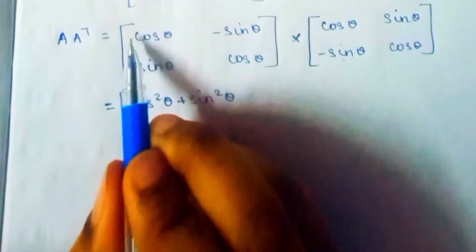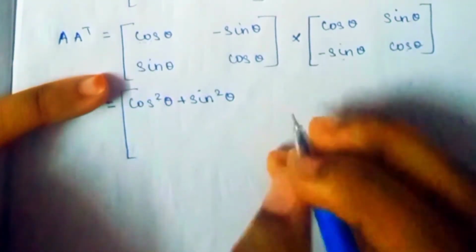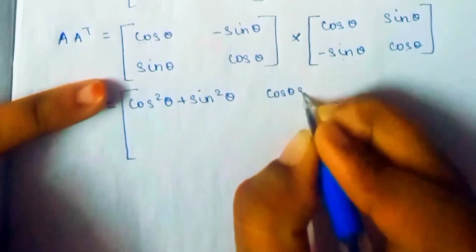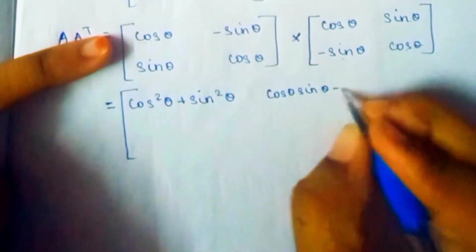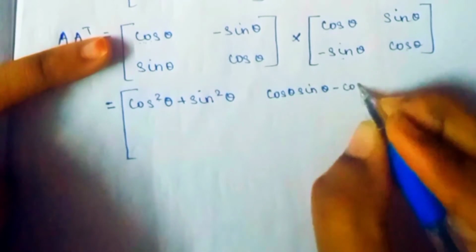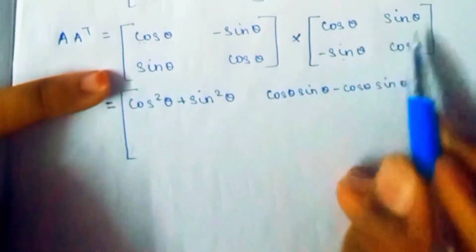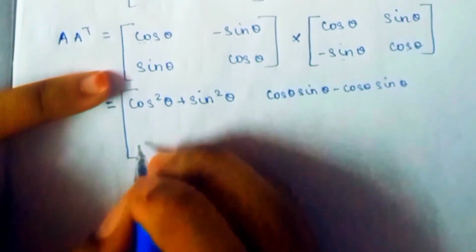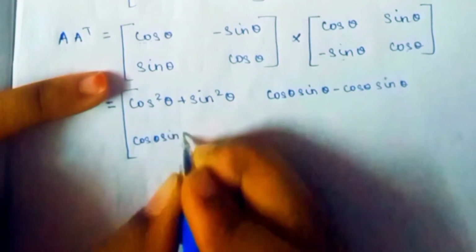Then here, this row into this column: cos theta sin theta, and again here minus cos theta sin theta. And now the next row with this column: sin theta cos theta is equal to cos theta sin theta.